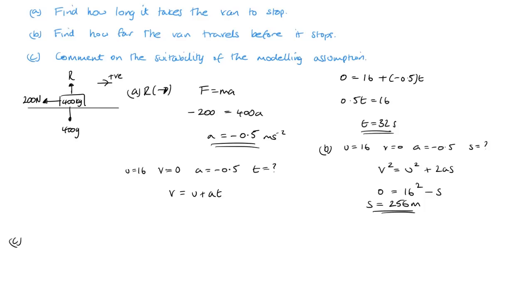And in terms of the resistance due to friction, that would be a constant force to a point, but then as the van does slow down, that friction then decreases. Because if you think about it logically, friction can't be a constant force, because once the van stopped, if that friction was a constant force, it would start pulling it backwards.